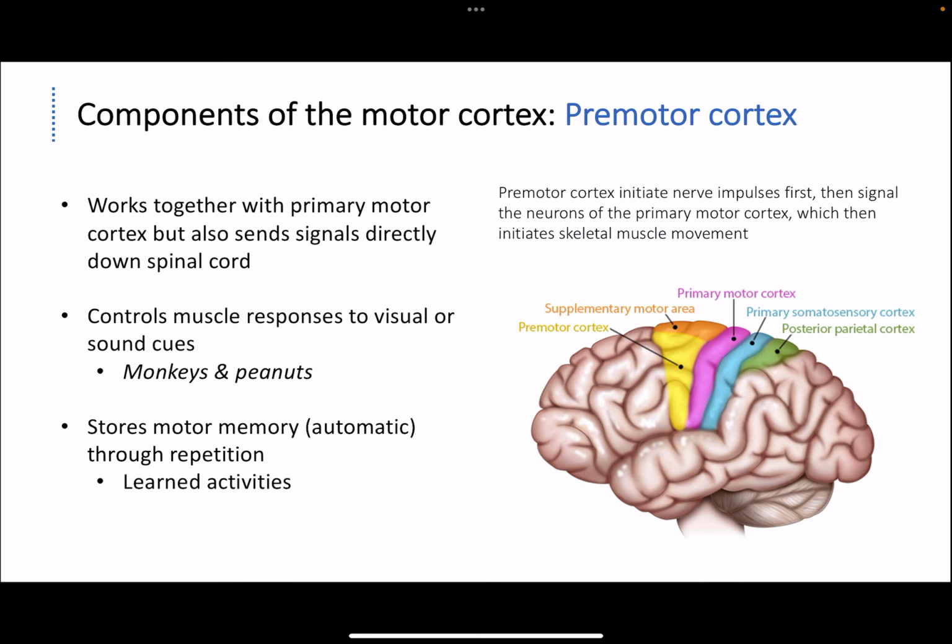So it's not the one that's initiating the activity, but it's helping to plan the activity of the neurons and then relay that plan to the primary motor cortex, and then from the cortex it can go down, all right? Now this region of the brain can also help you respond to visual and auditory cues, all right? So you see here the example of monkeys and peanuts.